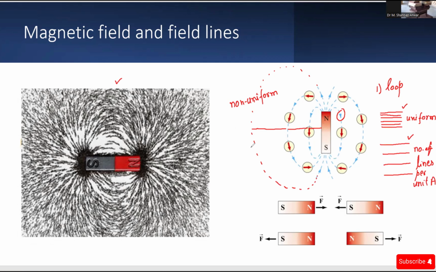The next thing which I would like to make clear here is the magnetic flux. Flux you could understand as the number of lines that are passing through some area.